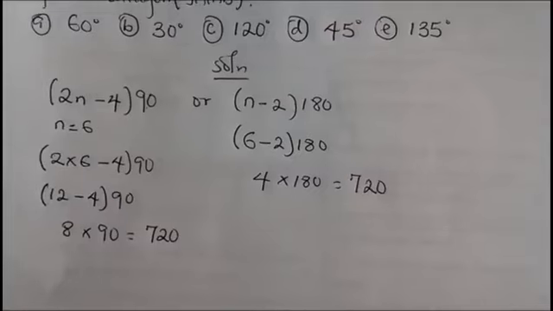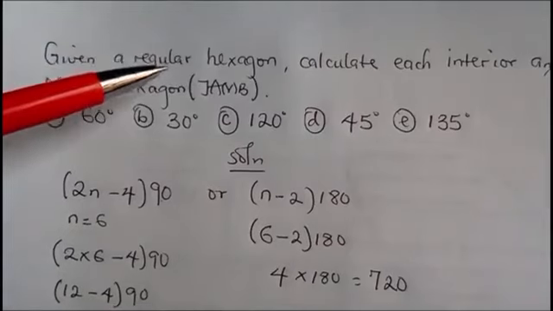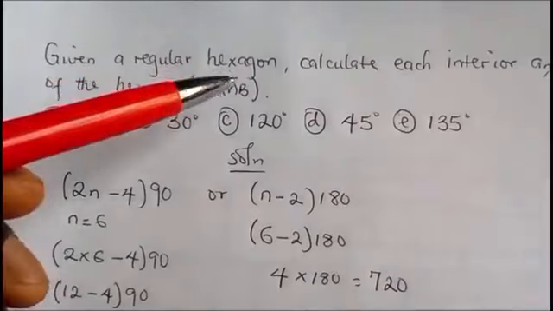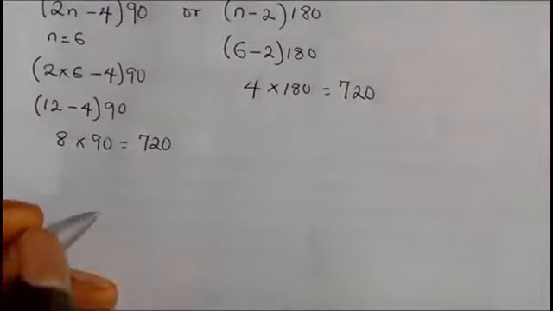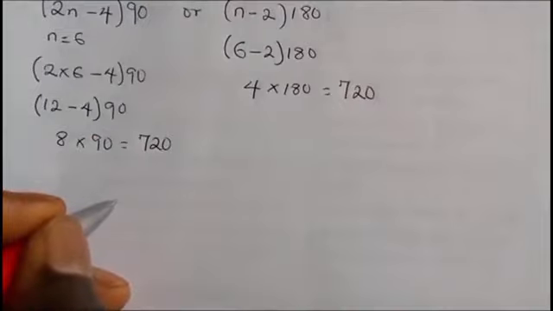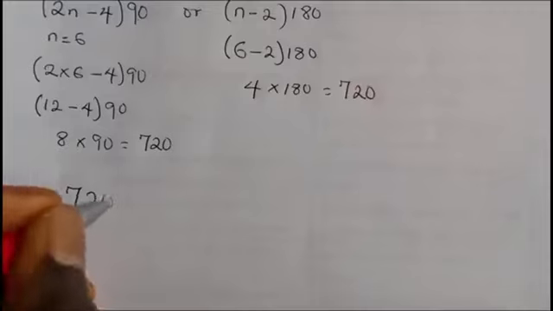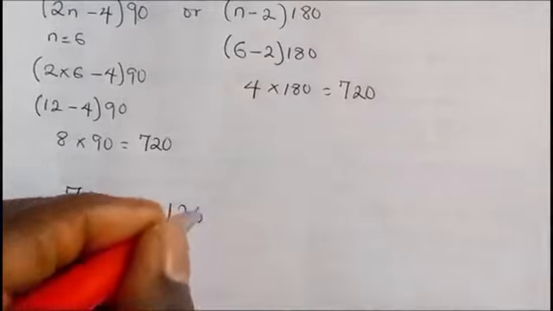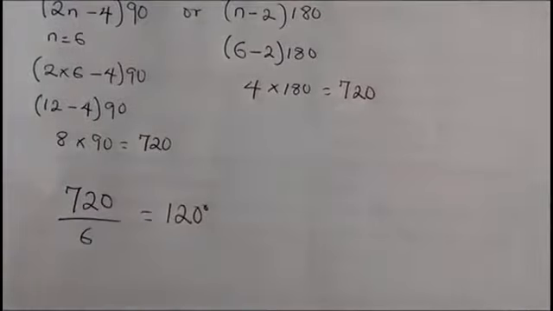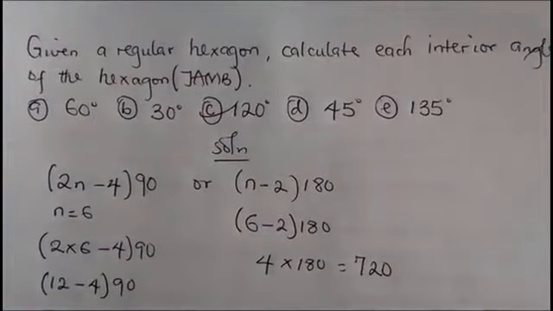Now, since we know the sum of all those 6 angles, and we are told that this hexagon is a regular hexagon, meaning all the angles are equal, we'll pick the sum, which is 720, and divide it by 6. That is 720 divided by 6. We'll now have 120 degrees. So option C here becomes our correct option.